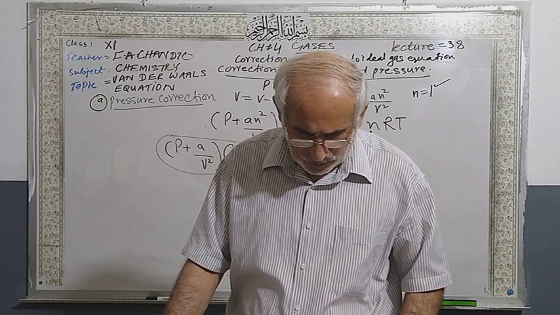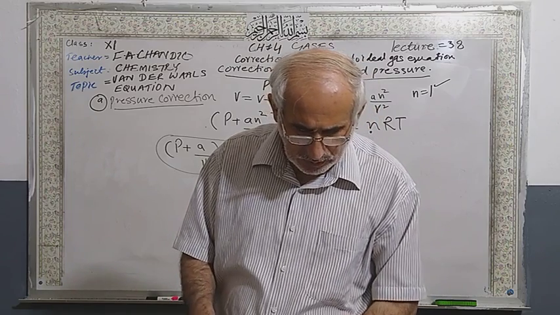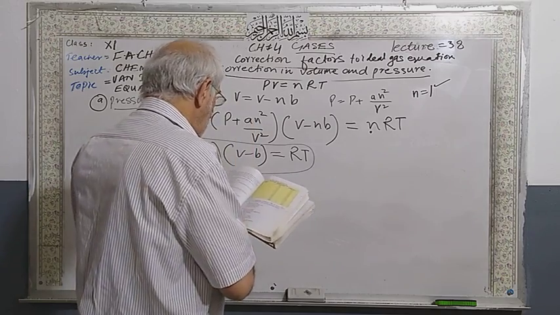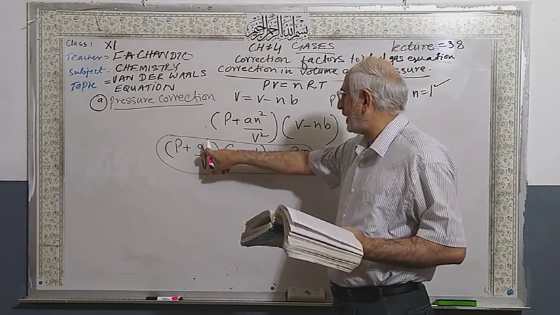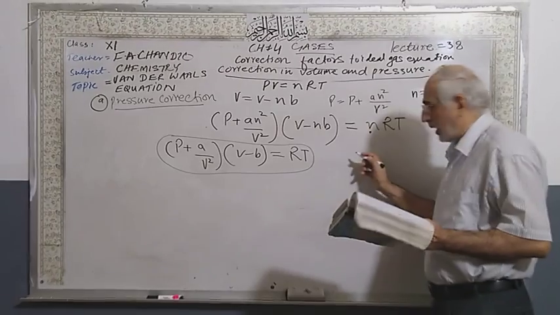Now if you see your book, there is one thing: the units of the a constant and b constant.